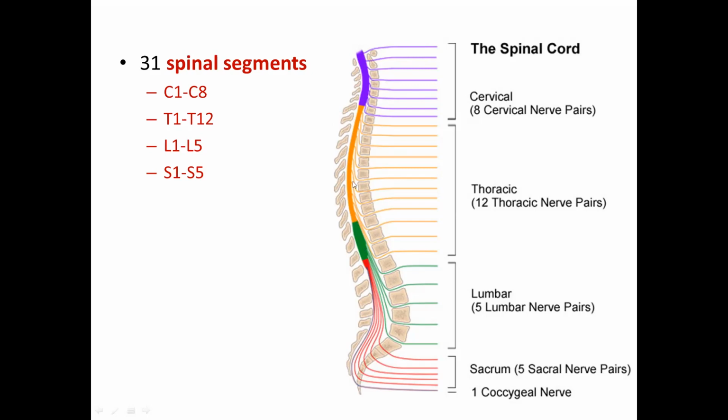So that is why when we talk about dermatomes, we talk about the same spinal segments, right? So the spinal cord, through that you get the spinal nerves arising, right? So you have different numbers of spinal nerves: 8 cervical, 12 thoracic, 5 lumbar, 5 sacral, and 1 coccygeal nerve.